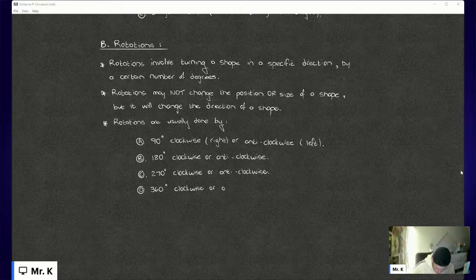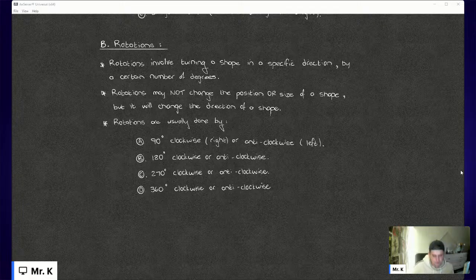So, when we decide to rotate a shape, grade nines, we generally have to move the shape by a certain number of degrees in a certain direction, right? Movement exists in at least a 2D plane, which is why we need to know about direction and the degree to which we move in a specific direction, right?